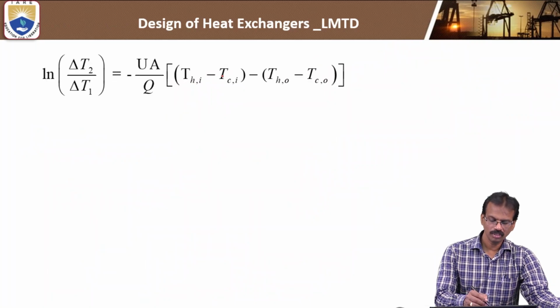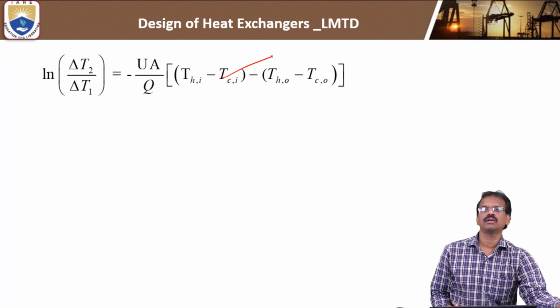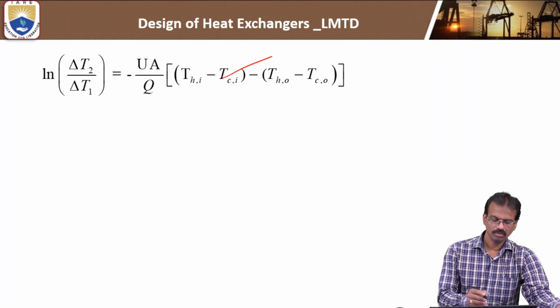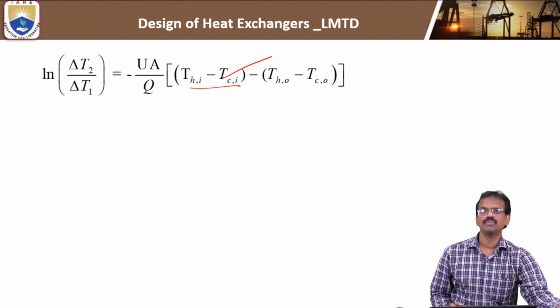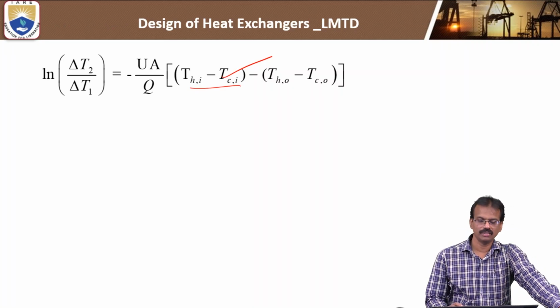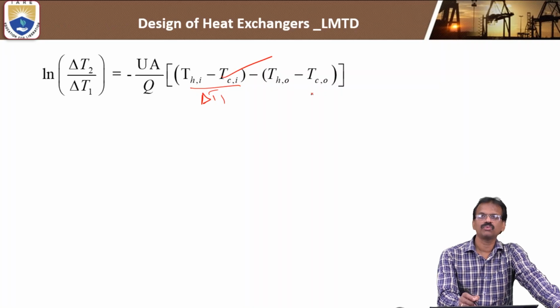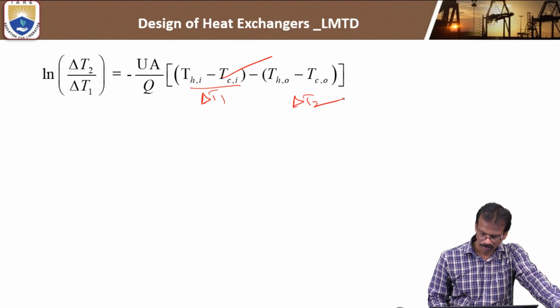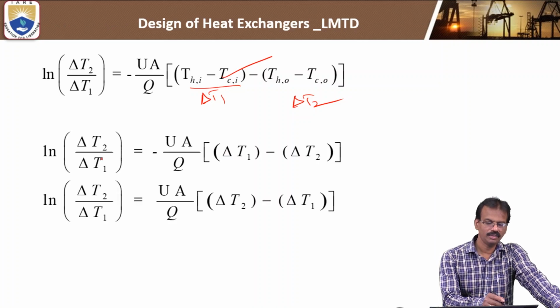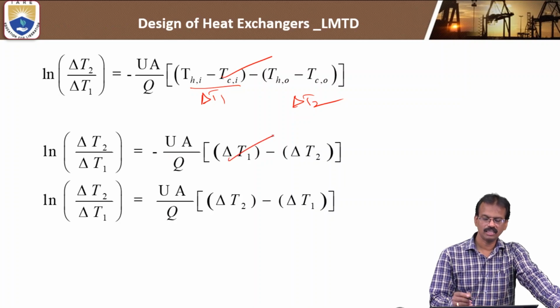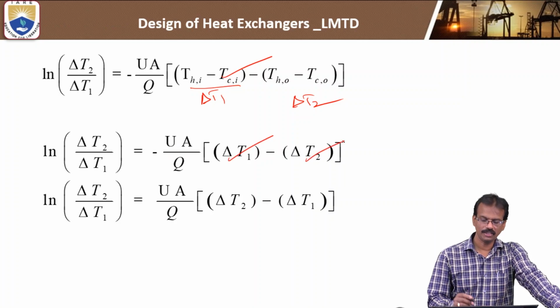So we rearranged these temperatures of the hot fluid and cold fluid. Then you know this one: hot fluid inlet minus cold fluid inlet is nothing but delta T1. Hot fluid outlet minus cold fluid outlet is nothing but delta T2. Then the formula is like this one: ln delta T2 by delta T1 is equal to minus UA by Q into (delta T1 minus delta T2).